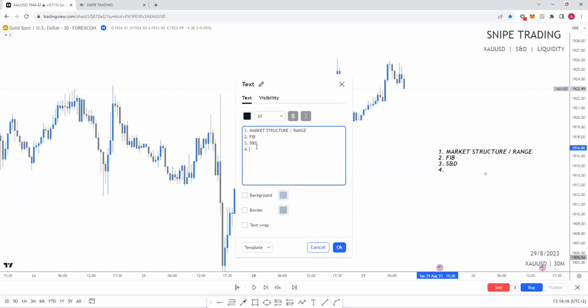Fourth confluence, liquidity, well done. Then extra confluences. Here the order doesn't matter. Imbalance is one, yes. SVP, volume point of control, yes.